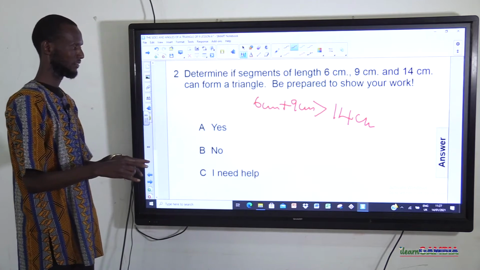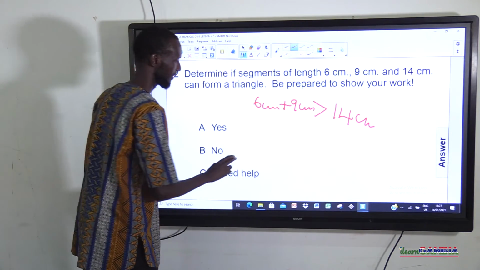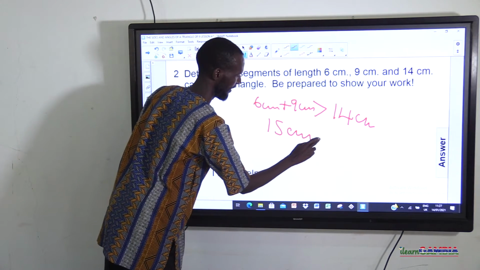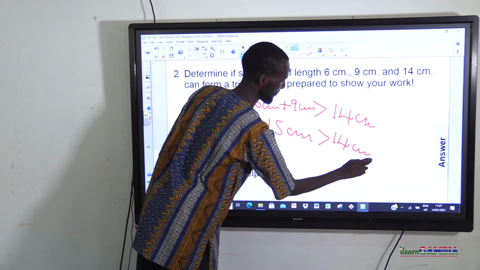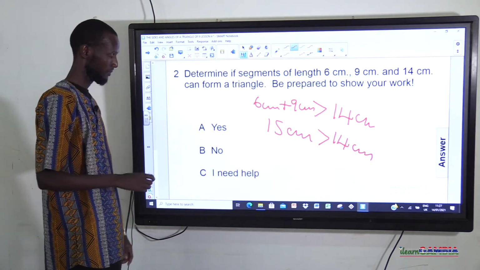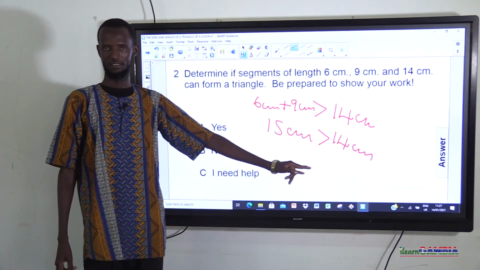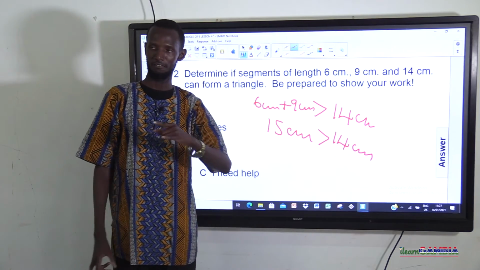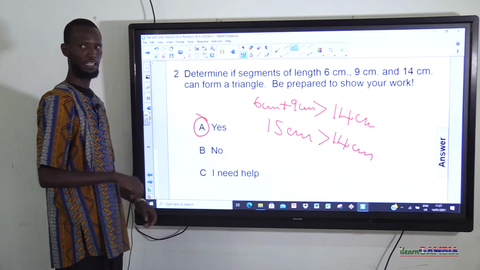Now, if we add 6 centimeters and 9 centimeters correctly, we should get 15 centimeters. Now, is that greater than 14 centimeters? Yes, obviously, 15 is greater than 14. So, we can conclude that yes, these three lengths can form a triangle. So, this would be a yes. It's a triangle. Okay?